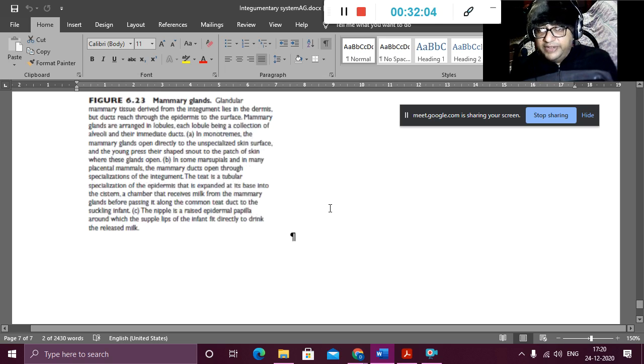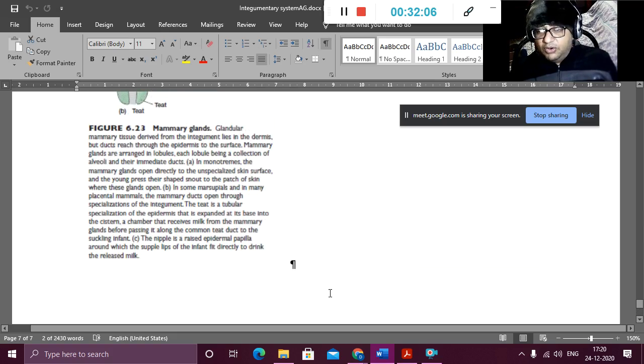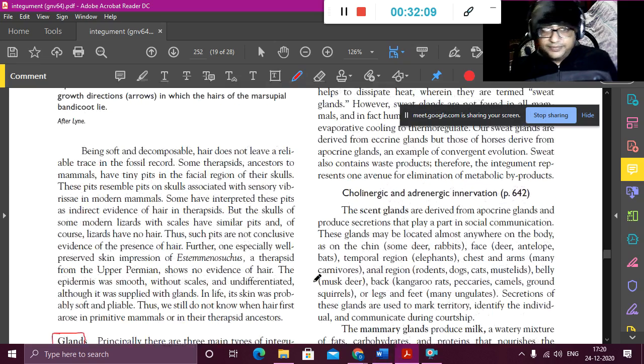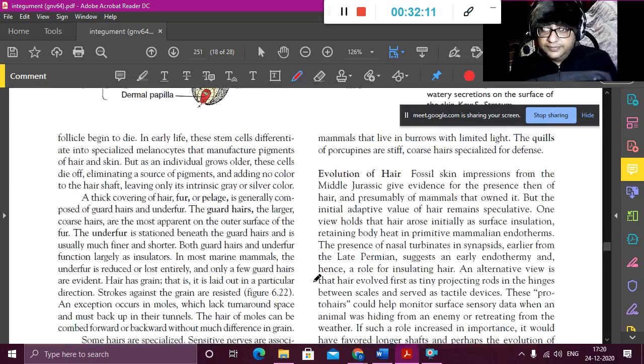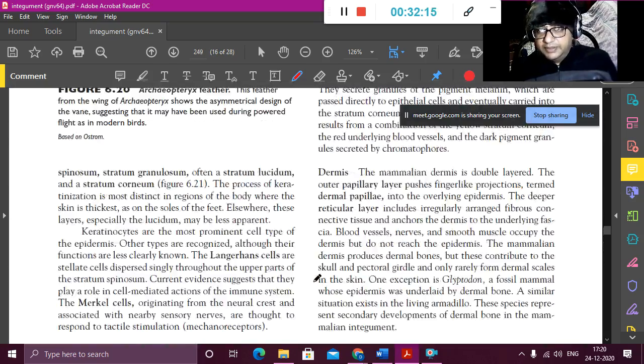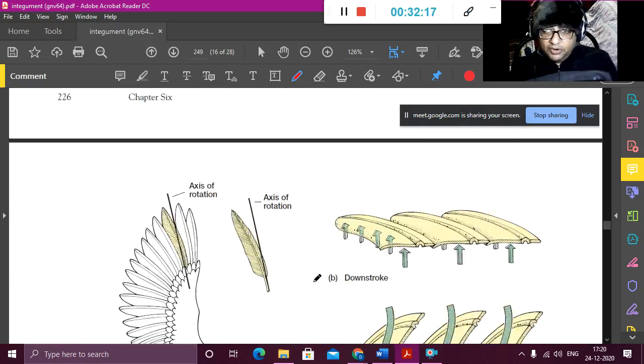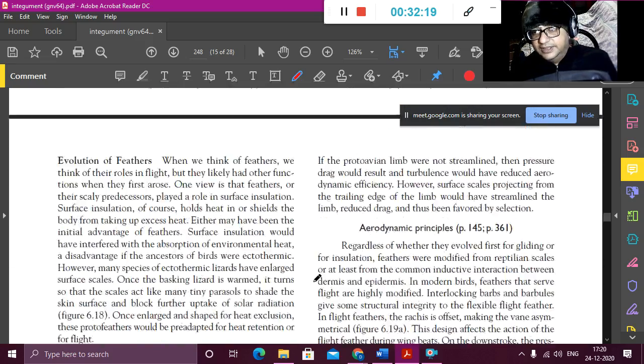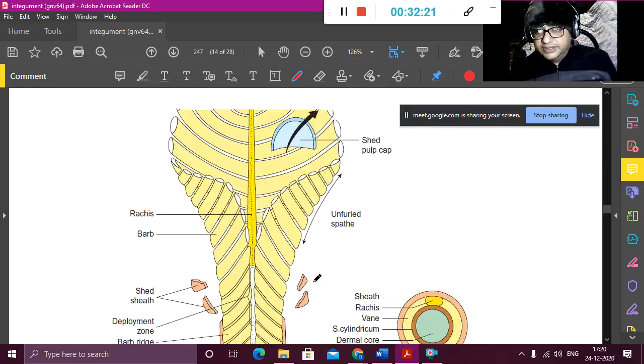Next we go to a very important part, the horns and antlers. The question comes: the difference between horns and antlers. Let us go to that region first.